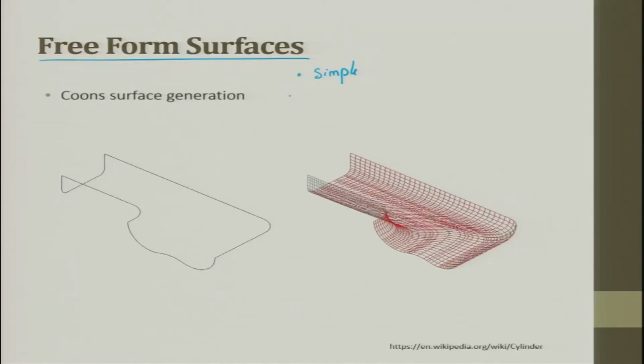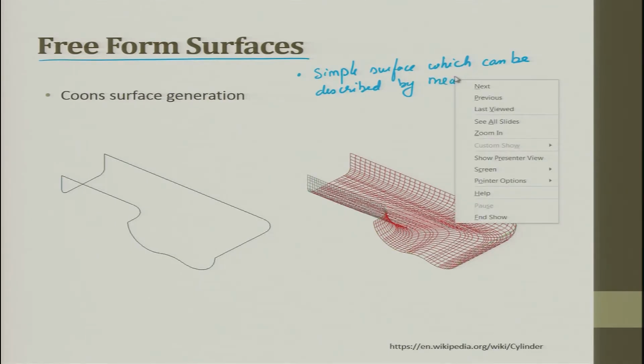A Coons surface is basically a simple surface which can be described by means of a simple formula.